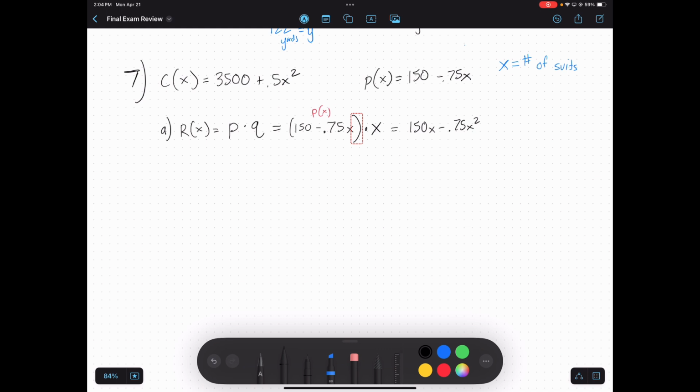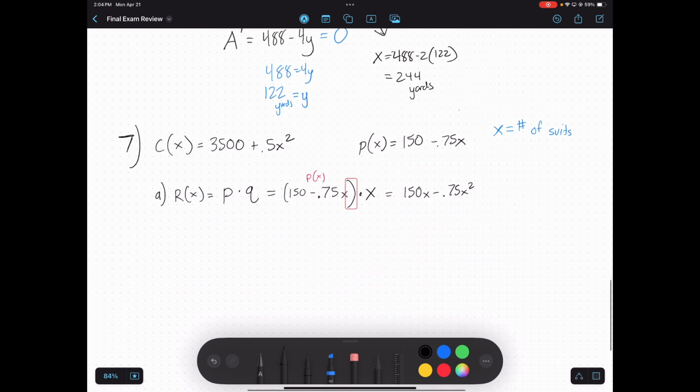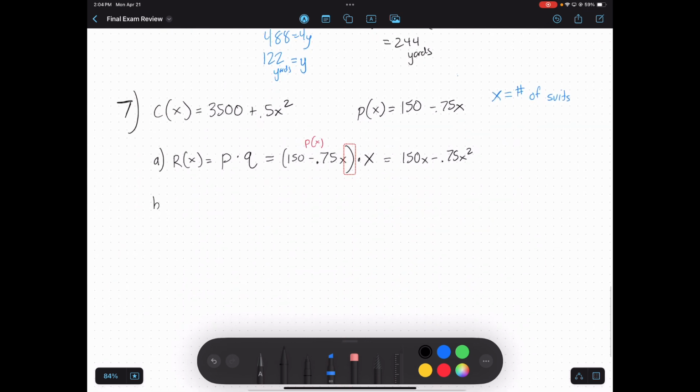And now if I want to maximize profit, going back to what we learned about in number 6, I need an equation for profit. So that's part B. So what's my equation for profit? How do you calculate profit again? Revenue minus cost. So I get 150x minus 0.75x squared minus my cost, 3,500 plus 0.5x squared.